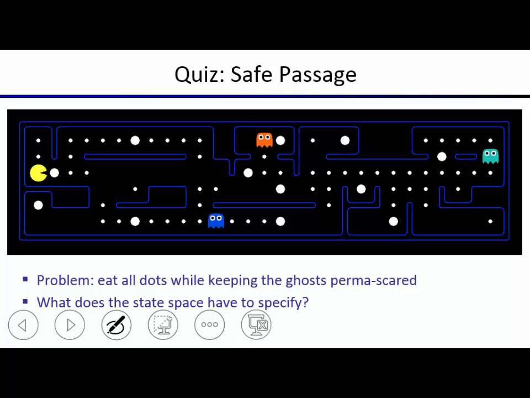All right, let's see what you came up with. Any thoughts? Anybody who wants to take a stab at specifying the state space? Over there. Could you repeat that?